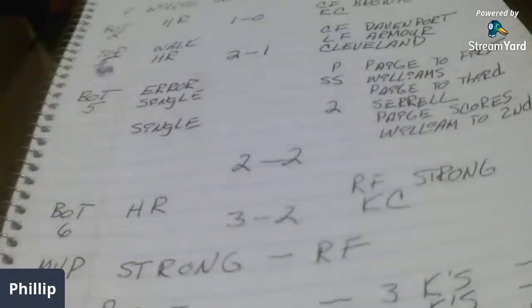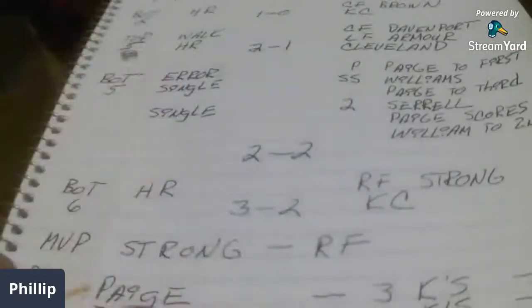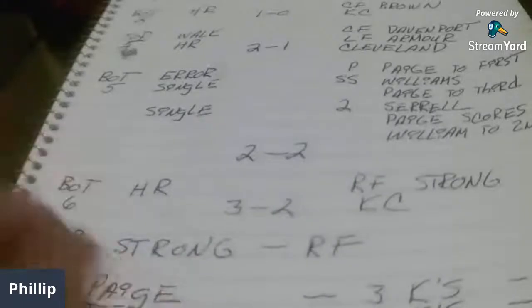And I also went tonight and did the batters, whether they went 1 for 2 or 3 for 4 or whatever. I did that as well, and that's how I came up with the hits and the runs.